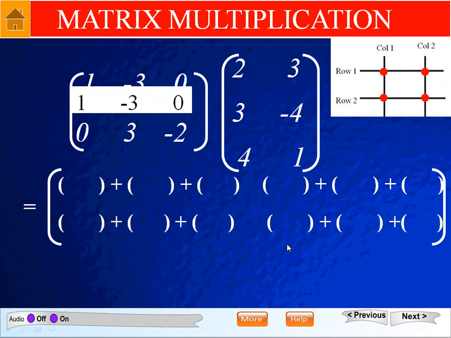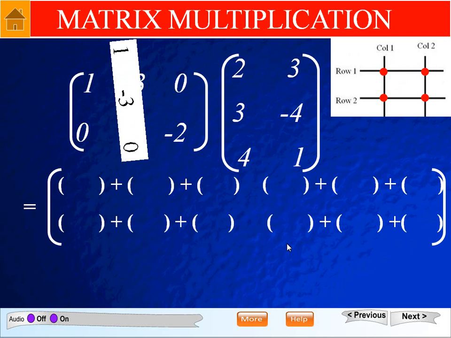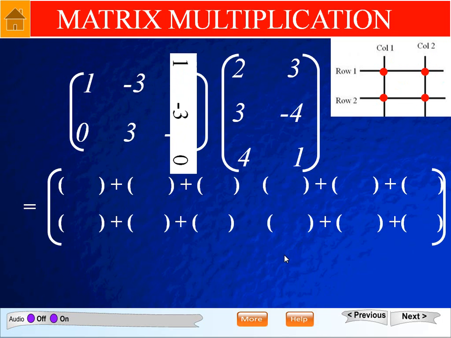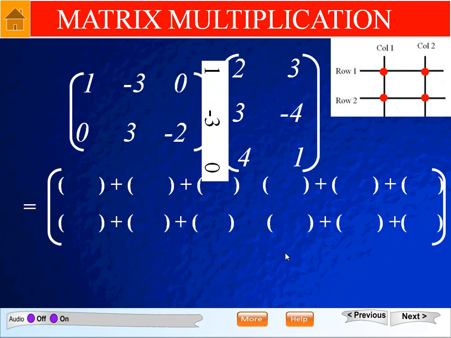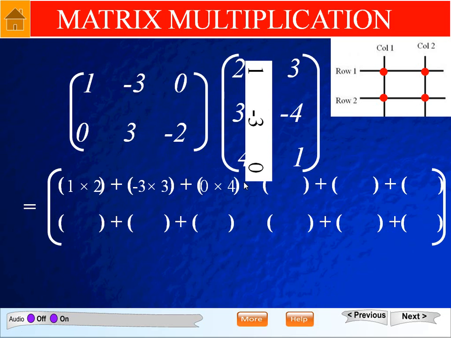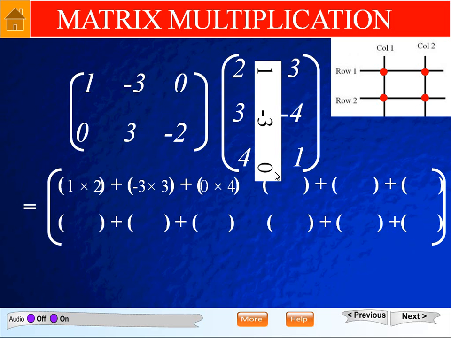Now we pick up the elements of your first row, and we are going to be combining those with the elements of your first column. As we said, first element goes with first element. That's 1 times 2, negative 3 times 3, 0 times 4, and then we move these elements across to combine them with column 2.